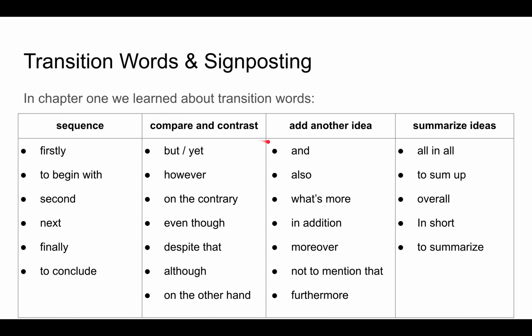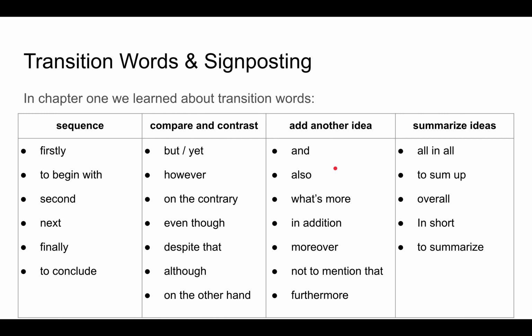And the third one is when we want to add another idea or when we want to transition from one idea to the next one, or from one example to the next example, or from one major point to the next major point. Then we would provide signposting language for that, such as and, also, what's more, in addition.